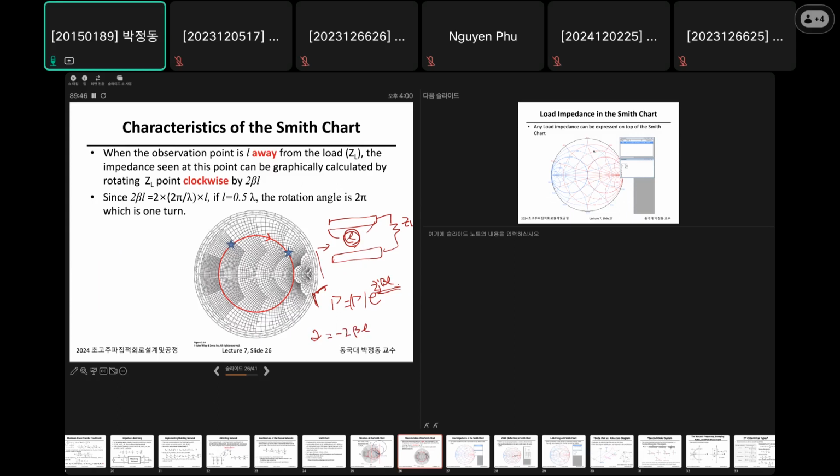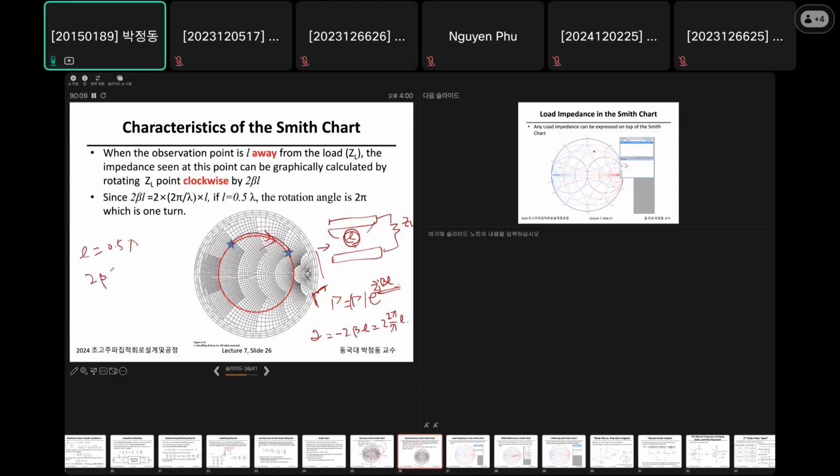Therefore, this is the way it goes. So beta is 2 pi divided by lambda. Okay. So if I choose L equal to 0.5 of the wavelength, then what is 2 beta L?